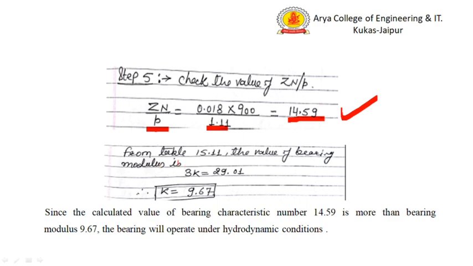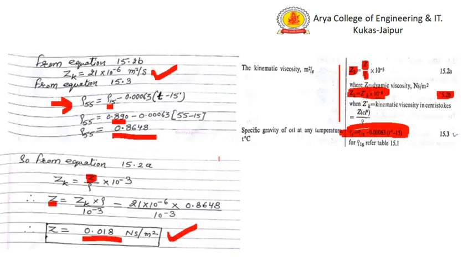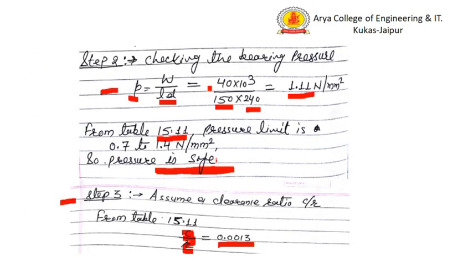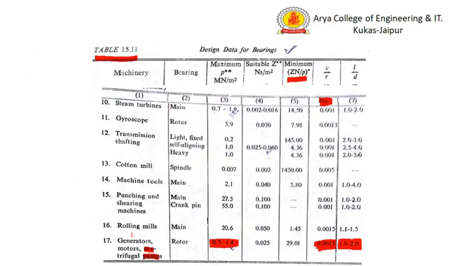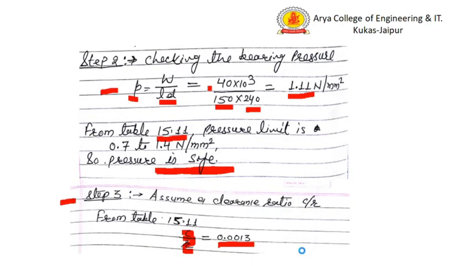So we go to table 15.11, and for our application, centrifugal pump, column number 5, this is the value of Zn by P, and this value is 29.01. Basically this is the value of 3K, where K is the bearing modulus. So 3K is equal to 29.01 in this application.